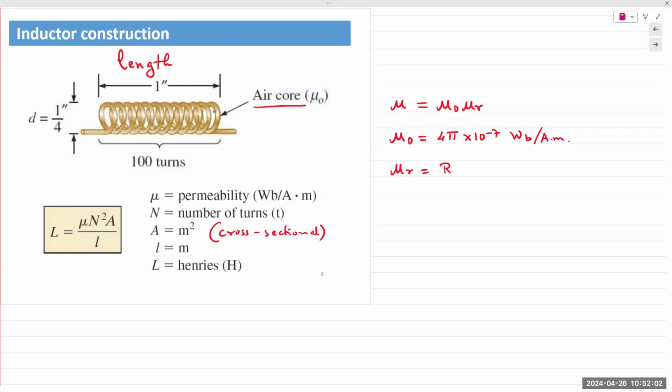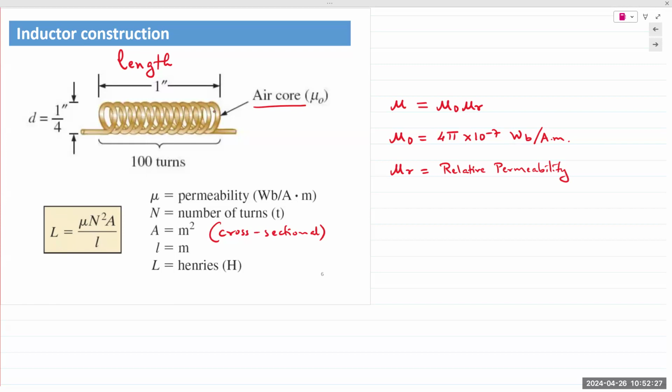Mu r is relative permeability. So again, mu itself is a product of mu 0, mu r.